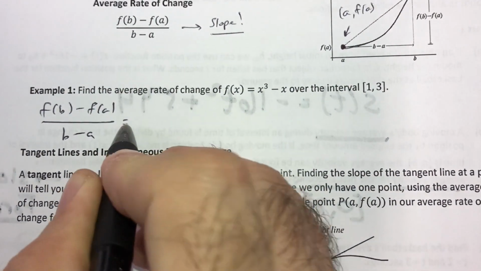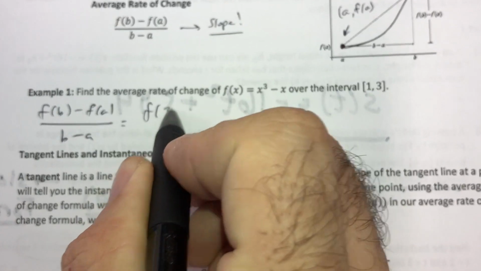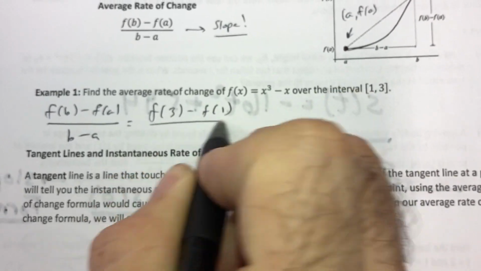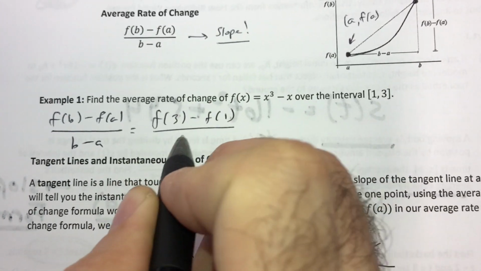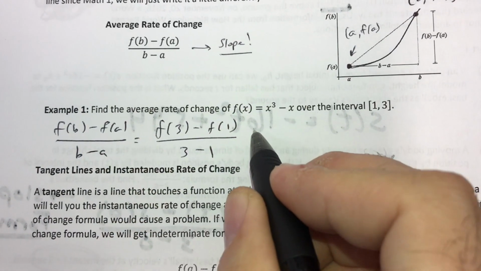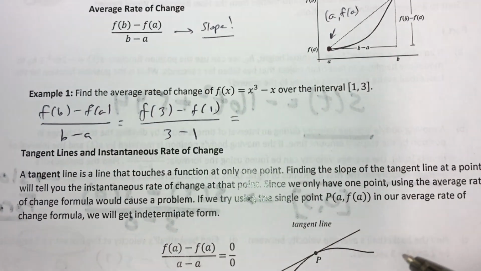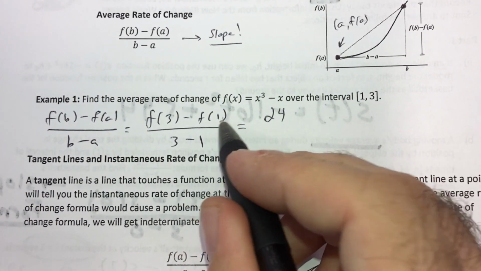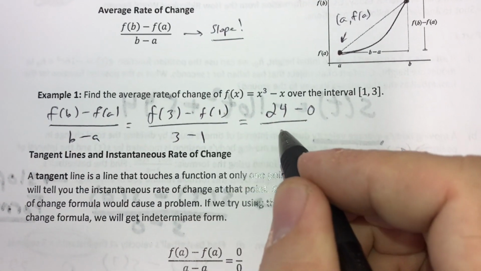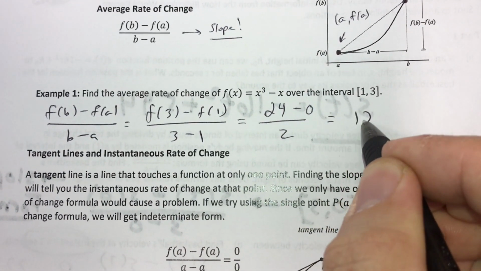I would find f of 3 minus f of 1, the initial and the final, over the interval 1 to 3, and simplify. F of 3, when I plug it into my function, I get 24. F of 1, I get 0, and the interval is 2, which simplifies to 12.